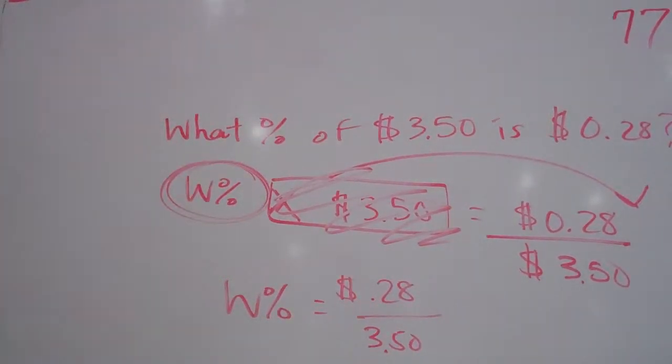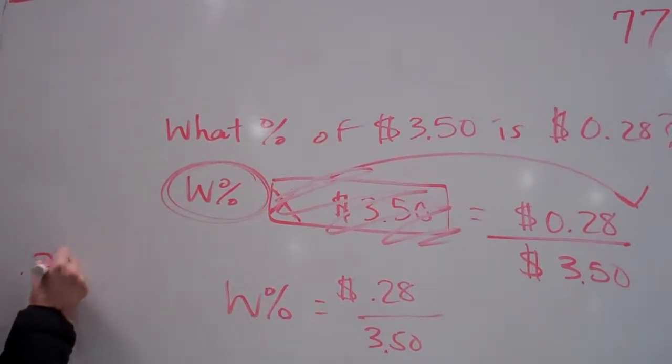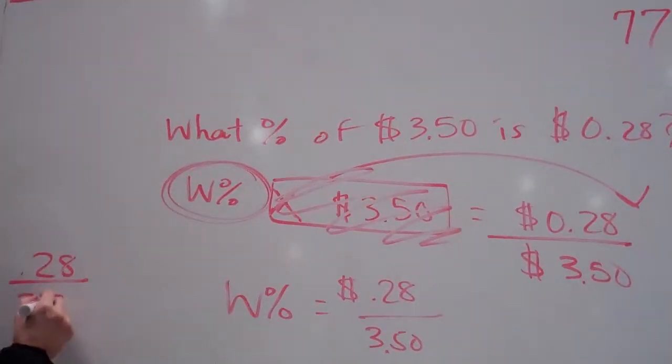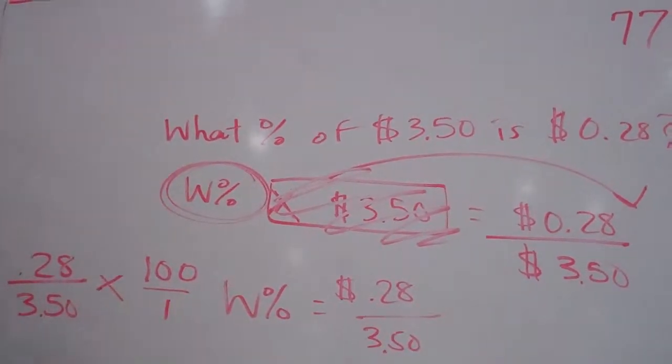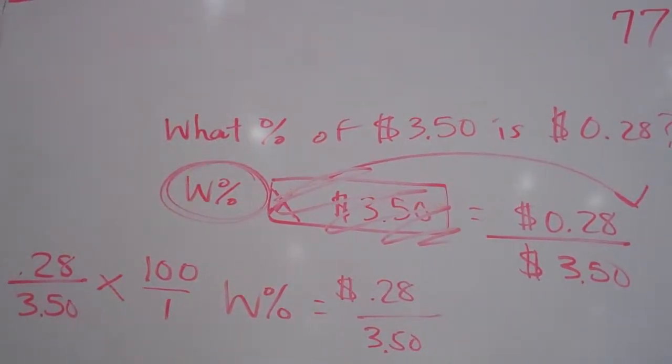Okay? Now, who remembers what I told you a while ago to do? Multiply by 100. So 0.28 over 3.50 times 100 over 1. Now, there is a problem with this. Does anybody know what that problem is? Yes, the decimals. It's a decimal, and this is a fraction.